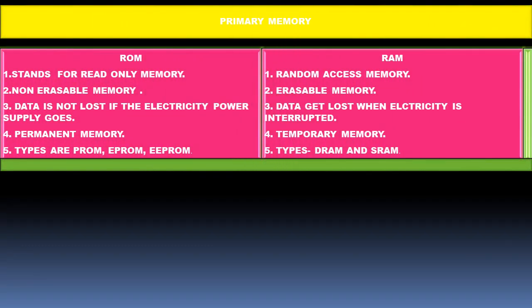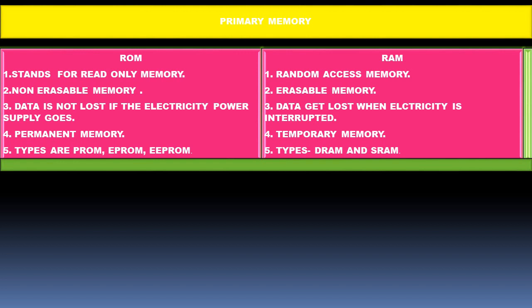Now let's understand the difference between RAM and ROM. ROM stands for read-only memory, whereas RAM stands for random access memory. Secondly, data stored in ROM is non-erasable in nature, whereas data stored in RAM is erasable in nature. Third point, data stored in ROM is not lost if the electricity supply goes.